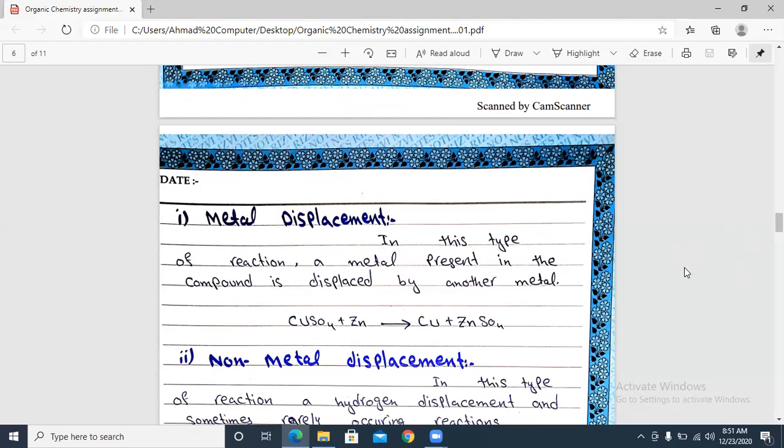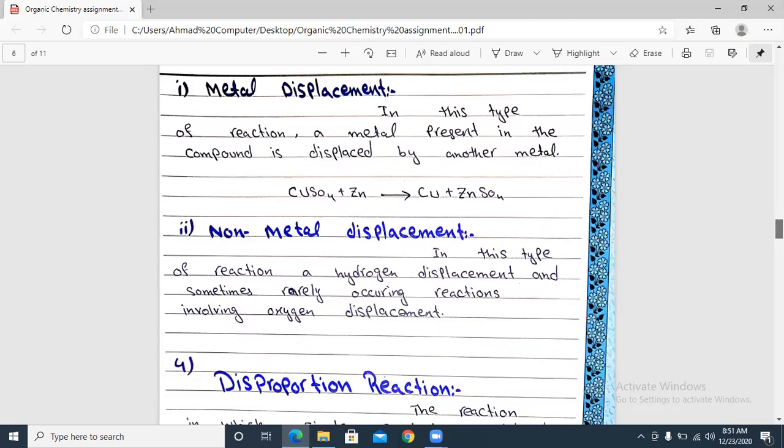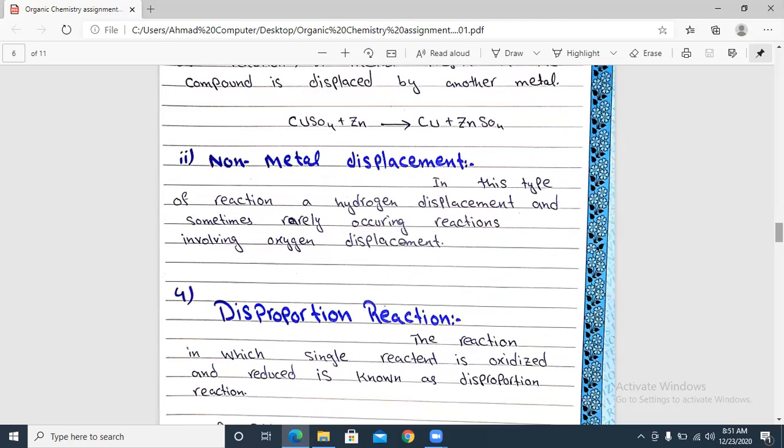Now, non-metal displacement: in this type of reaction, hydrogen is displaced, and sometimes, in rarely occurring reactions, oxygen is displaced.